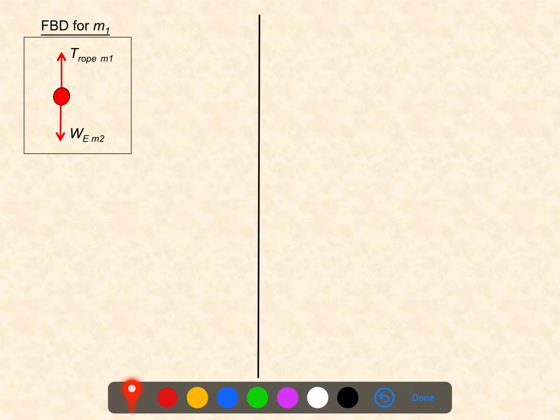Because both of those forces are pointing in the vertical direction, it's sensible to just use a traditionally oriented coordinate system for this mass. I'm free to choose any coordinate system for these masses independently, and so I don't need to use a tilted coordinate system, nor do I necessarily want to, because these forces that are involved align quite naturally in the vertical direction, so I might as well keep my y-axis in the vertical direction.